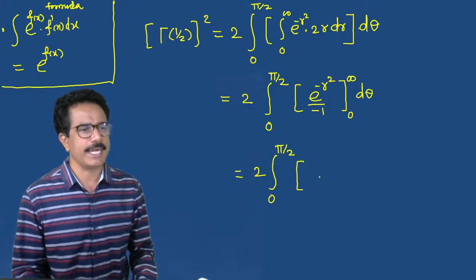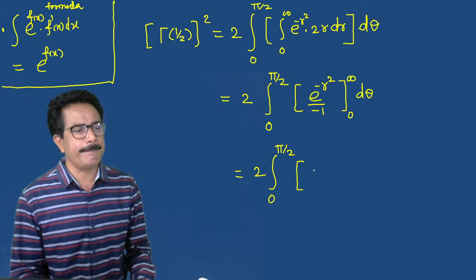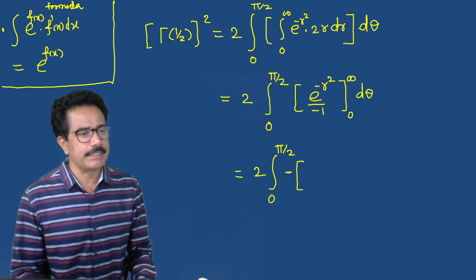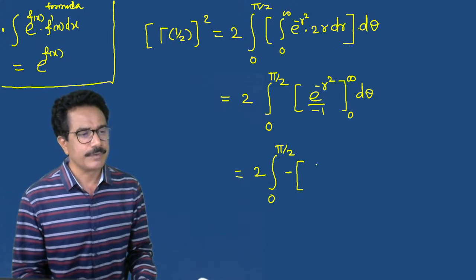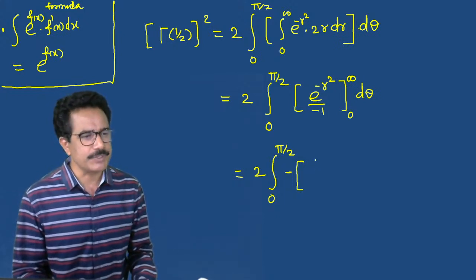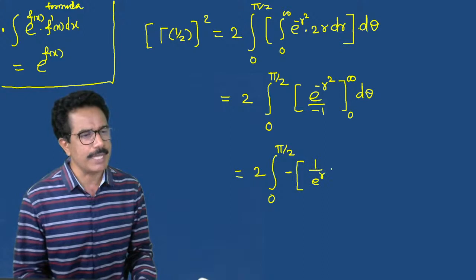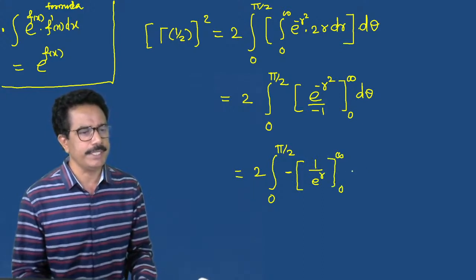So we can write this in the upper limit and lower limit, minus, keep this as it is, e raised to minus r square means 1 upon e raised to r square over the limit 0 to infinity d theta.